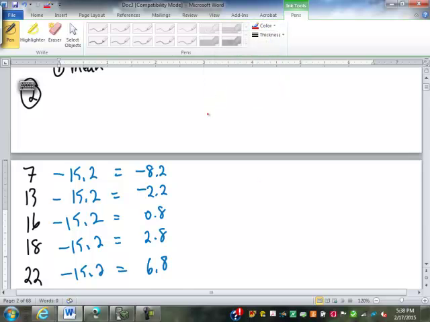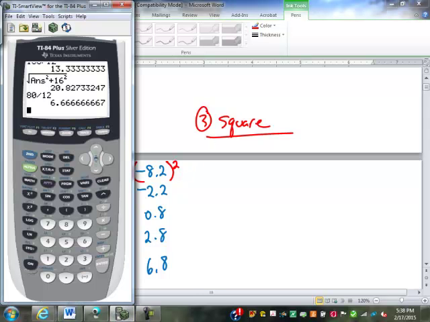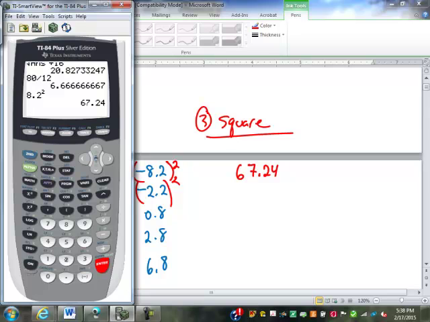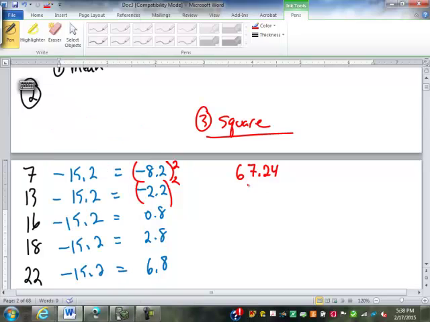We square it. Squaring a number is times itself. So a negative 8.2 squared is 67.24. Negative 2.2 squared is 4.84.